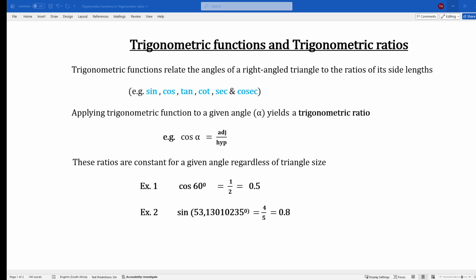The same will apply if you apply the trigonometric function tangent to angle alpha. It will yield a ratio of opposite over adjacent. Now these ratios are constant for a given angle regardless of the triangle size.